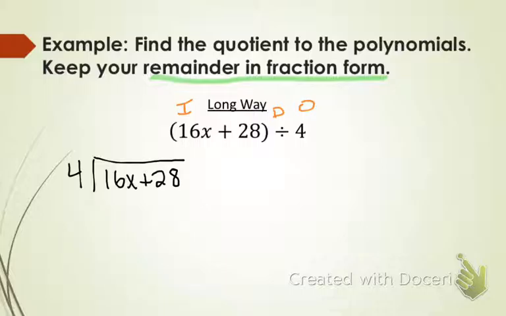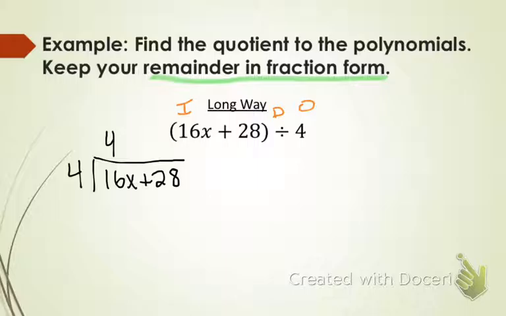We're going to start off with the first term, which is 16x. And you have to think, 4 times what will give us a 16x? 4 times what could give you a 16? First of all, 4 times 4.